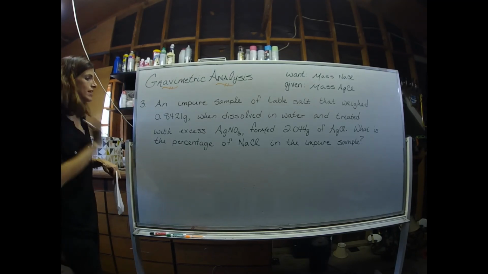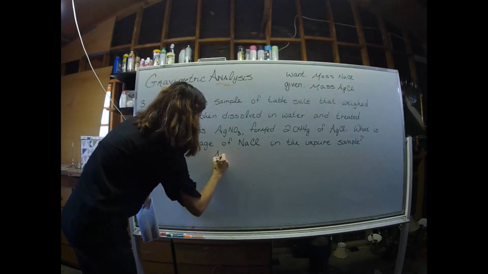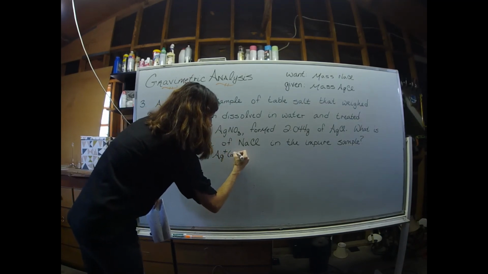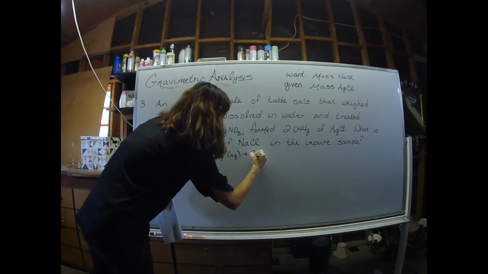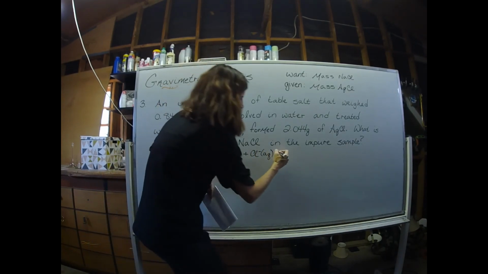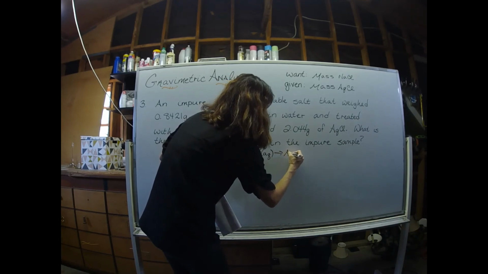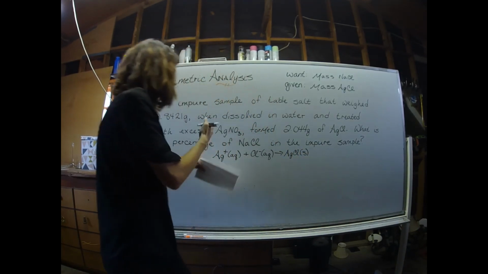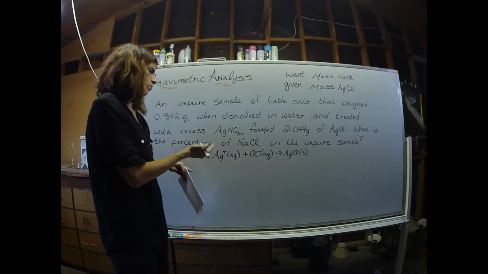What else? This is based on that same reaction where we have silver ions reacting with chloride ions to form silver chloride. We're leaving out the spectator ions when we write it this way.